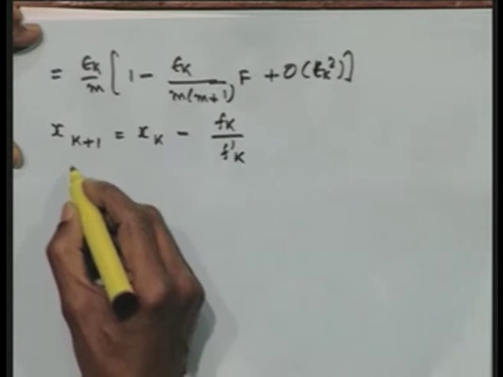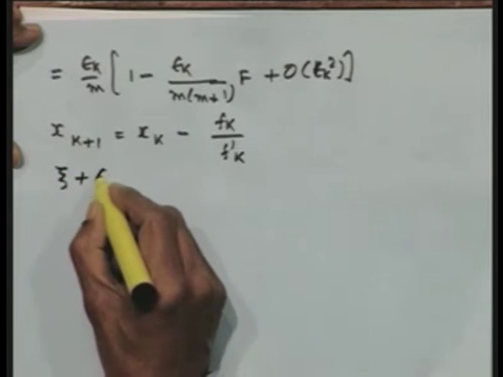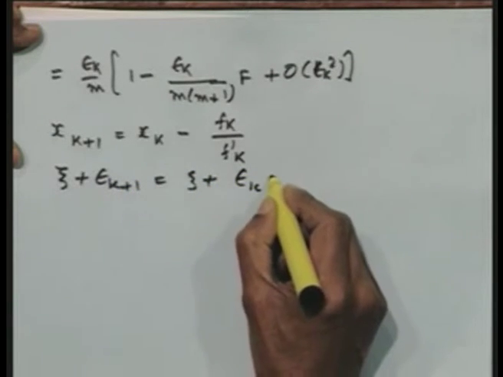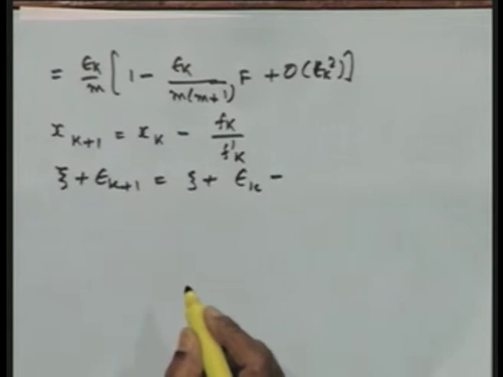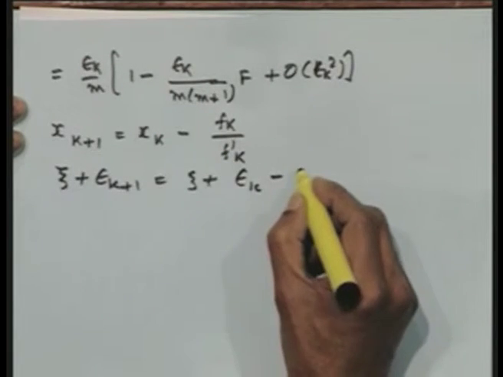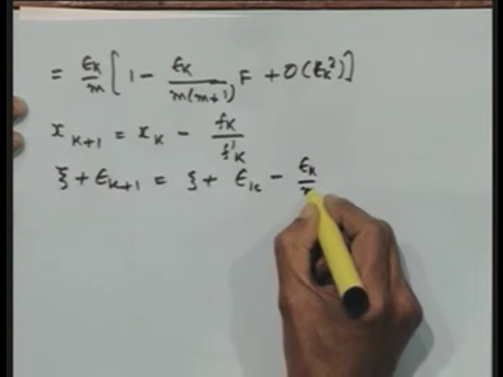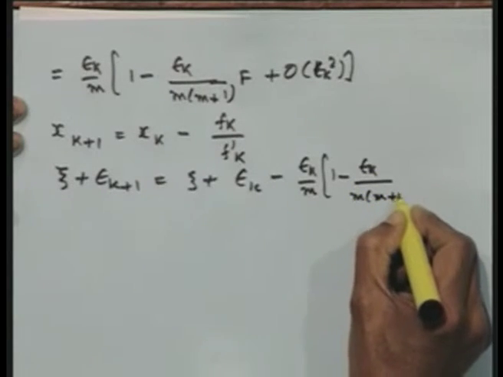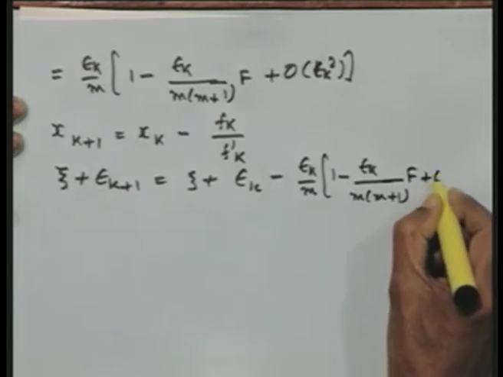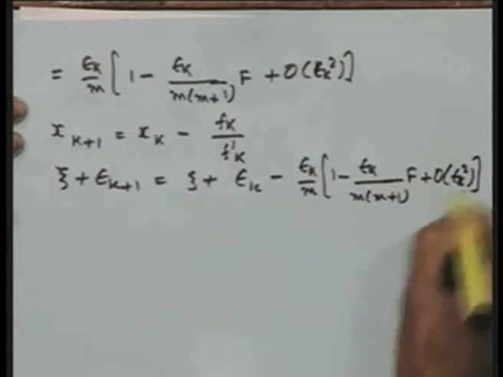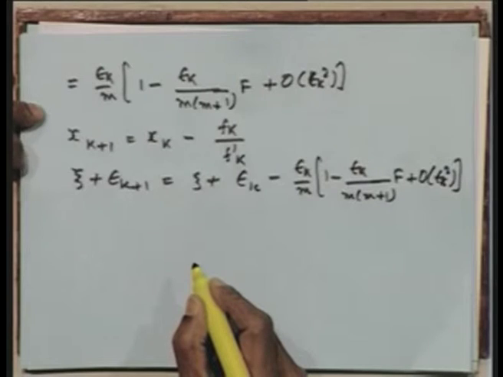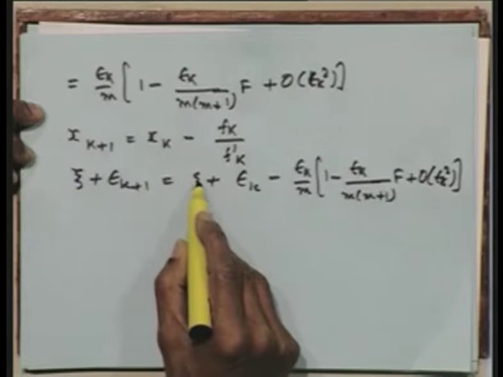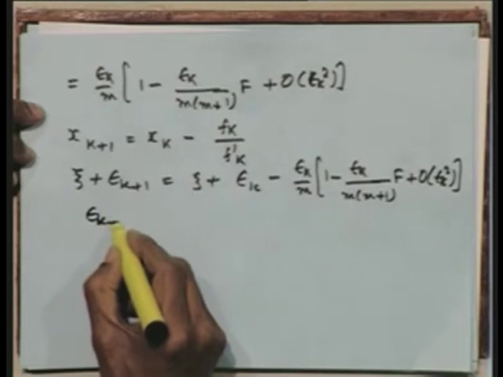Therefore we have the error as xi plus epsilon k plus 1 is xi plus epsilon k minus the ratio we have just obtained, epsilon k by m into 1 minus epsilon k by m into m plus 1 into f plus order of epsilon k square. Now let us simplify. Xi cancels off from here. So the left hand side is epsilon k plus 1.